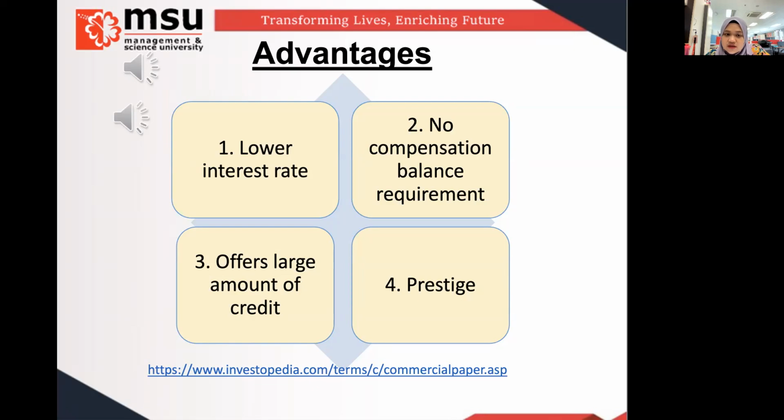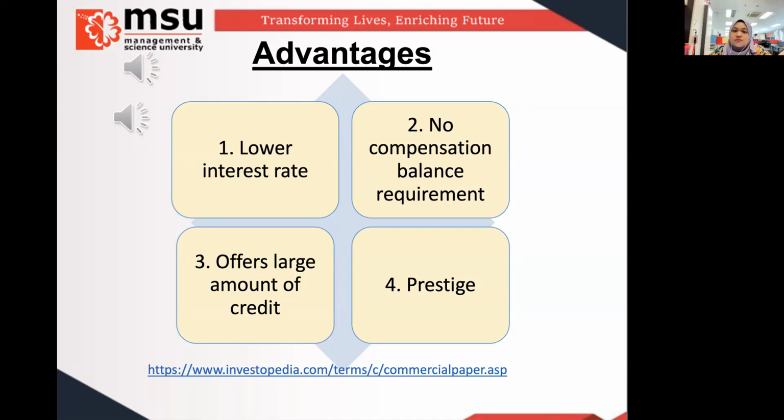So it can be a lower interest rate because it is according to themselves. The firm itself decides how much interest to give as a reward to the investors, compared to bank credit, where it is decided by the bank. All right, so this is the first one.